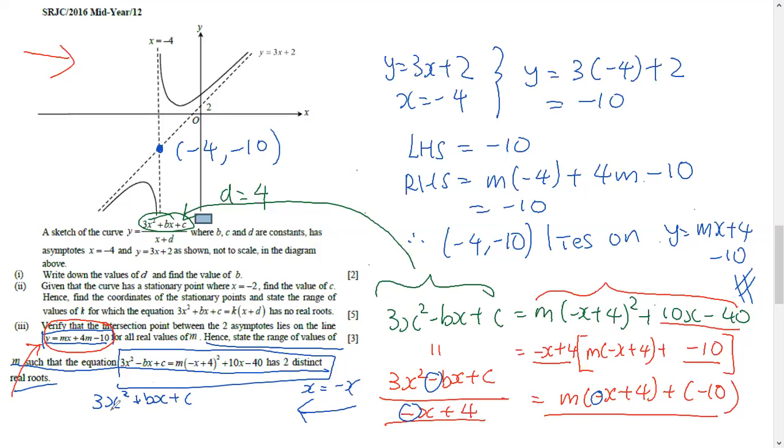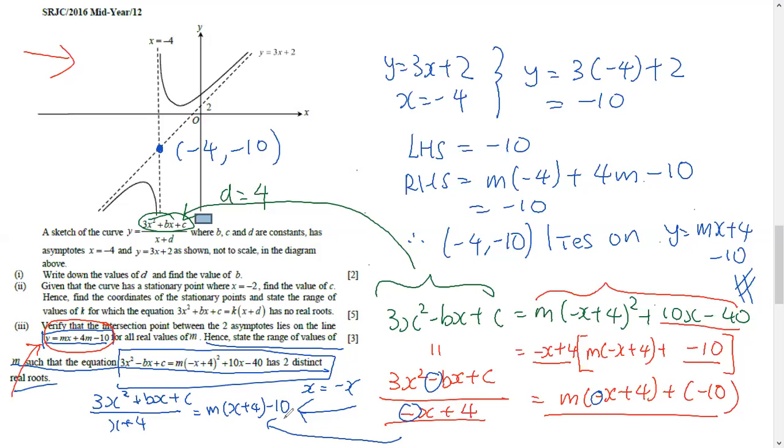C will not be affected. Then x plus 4 equals m times x plus 4 minus 10. So if I do this substitution, I can change entirely to what we have here.